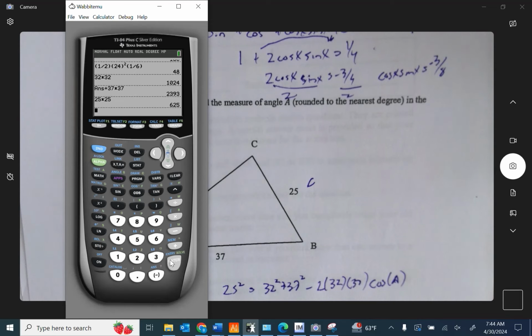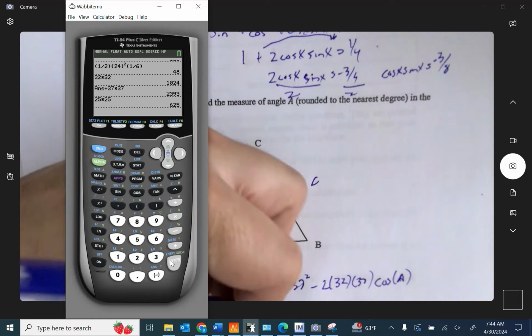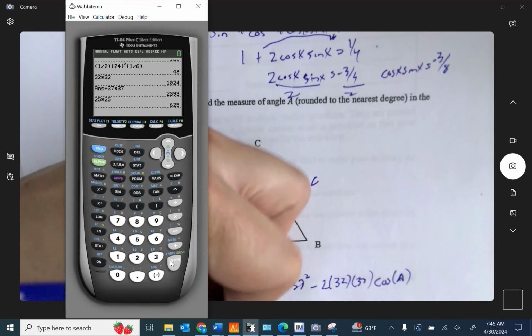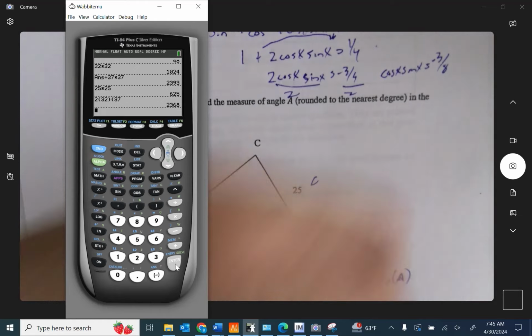I'm going to have 625 on the left. I'm going to have 2393 on the right, which I'm going to move over. What's 2 times 32 times 37? 2368.